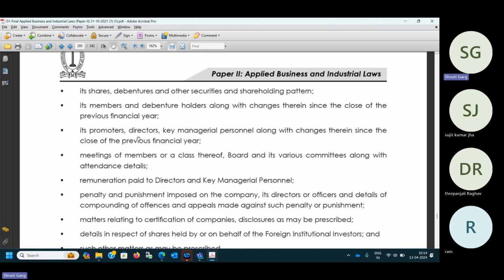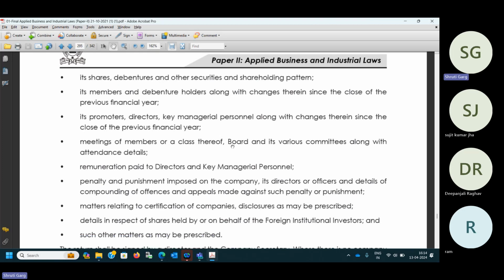Changes in promoters, directors, KMP since the close of the previous financial year. Meetings of members, class thereof, board meetings, various committee meetings along with the attendance also. How many directors attended, how many members attended. Okay. These details will be filled in the MGT 7.